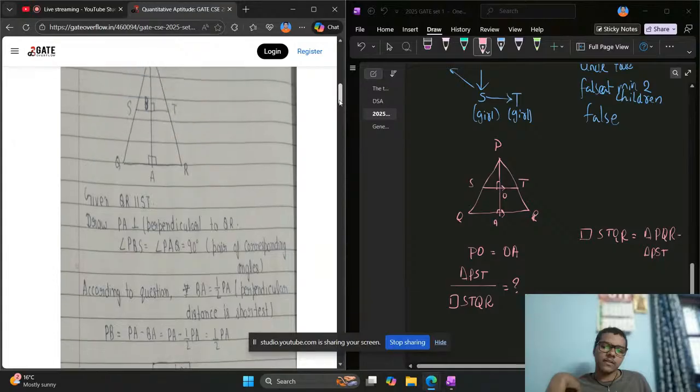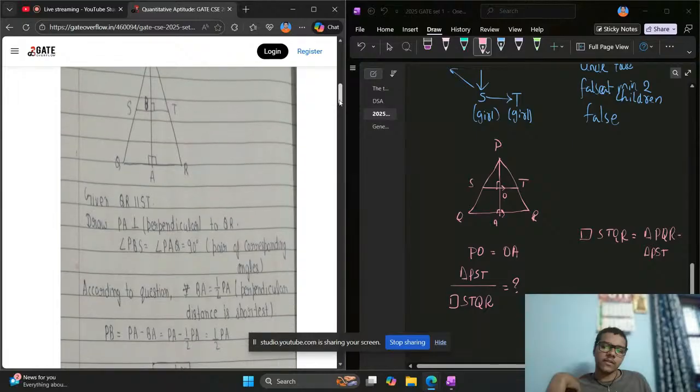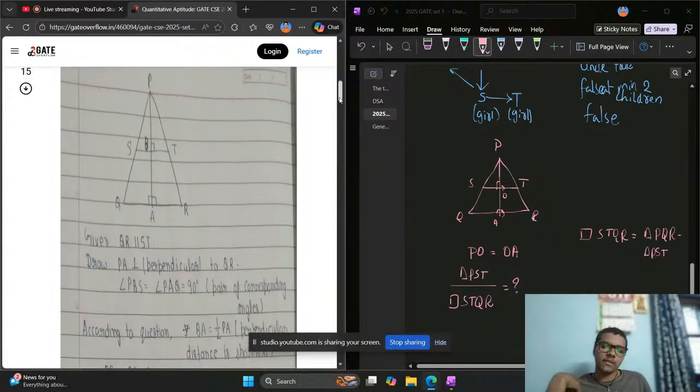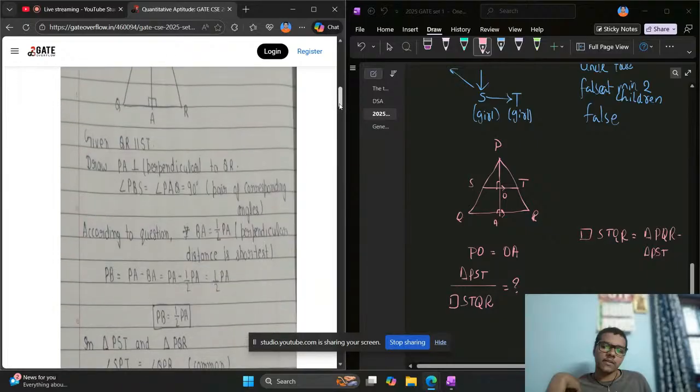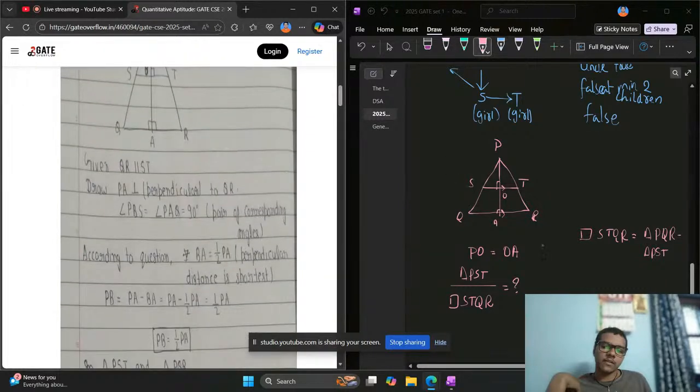Angle PBS is equal to angle PAQ. That's good. Pair of corresponding angles. According to the question, BA is equal to half PA. Perpendicular distance is shortest. Okay. We got it.